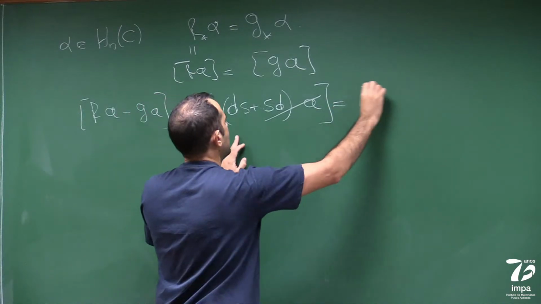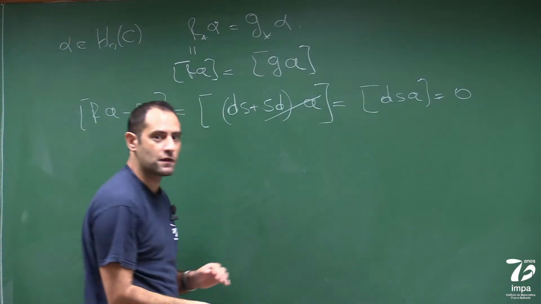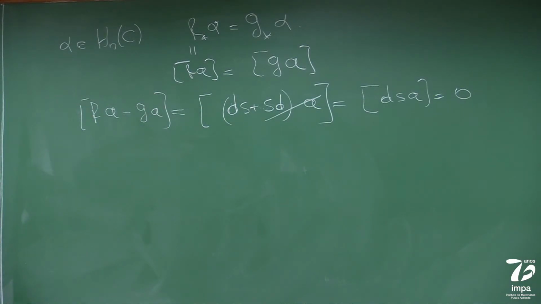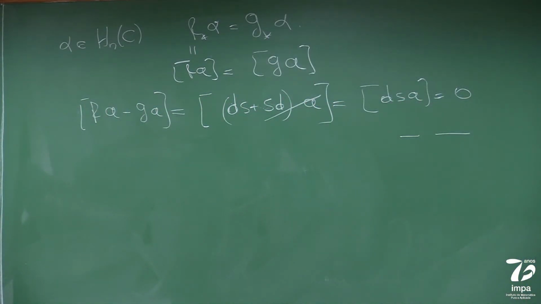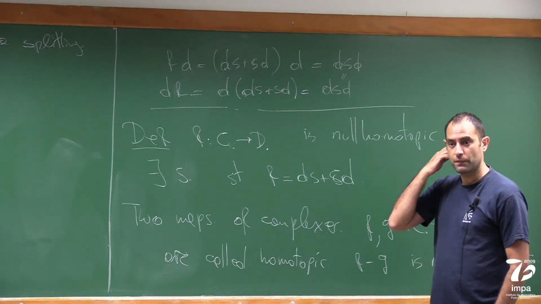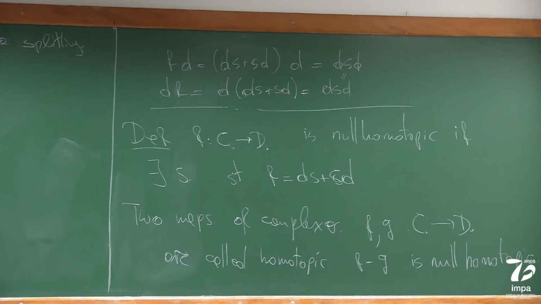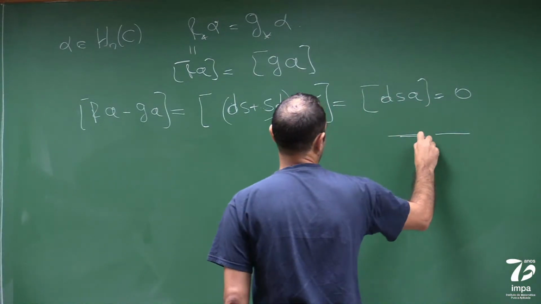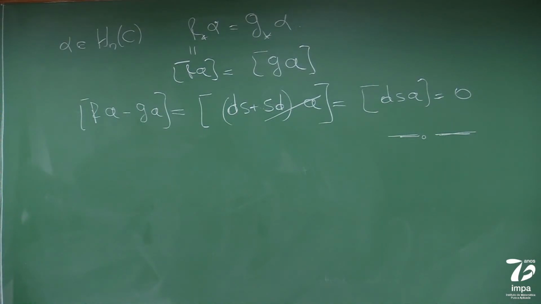And I'm left with the class of DSA, which is 0 because it's D of something. Okay. All right, so having homotopies between different maps makes the map essentially 0 in homology. So we want to kill homotopies somehow, to not have this apparent extra symmetry that is not really seen in homology.